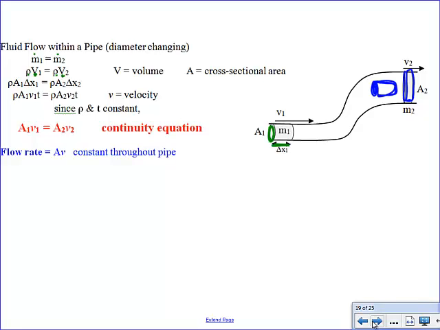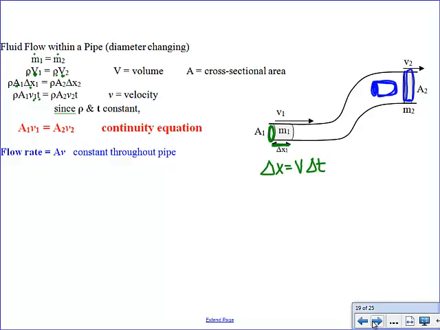So I've substituted for this volume, cross-sectional area times the length of the cylinder. And then finally, I'm going to make one more substitution. The length of this cylinder is equal to the velocity of the fluid times time. So I make that substitution here.